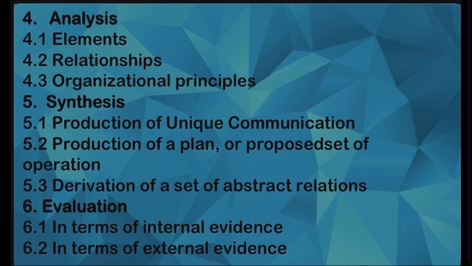It includes subcategories such as 4.1, elements. This subcategory involves identifying and understanding the individual components or elements of a concept or system. So that's subcategory 1. Subcategory 2 is relationships.